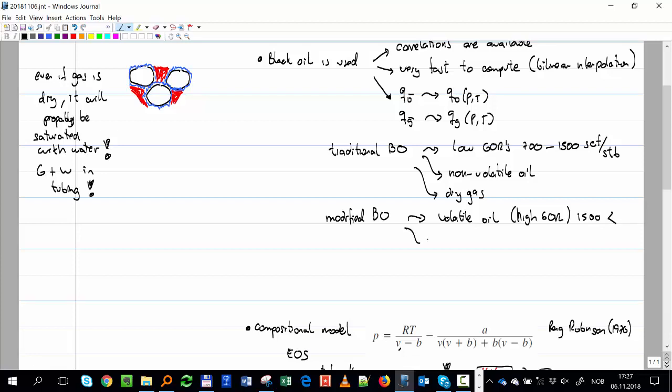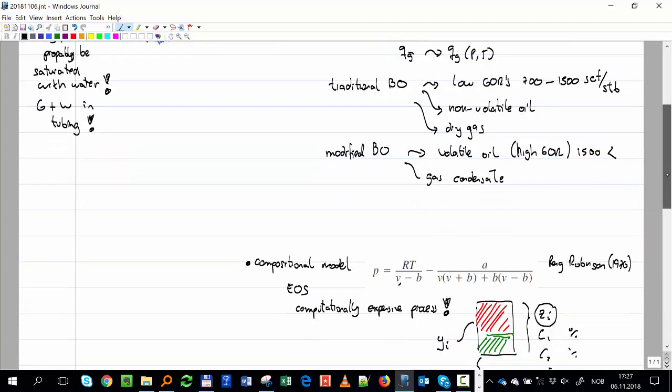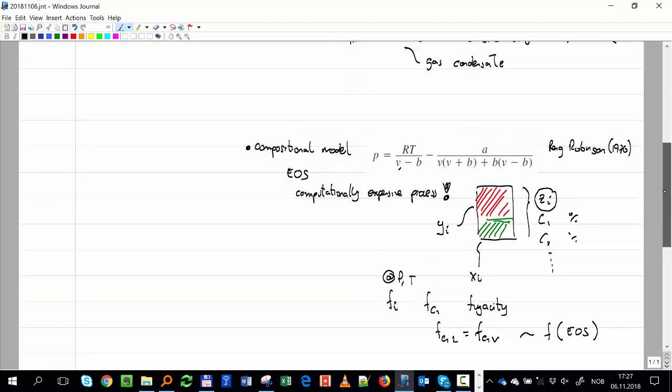For gas condensate, it is very important. But you will see, you just plot your Rs. You calculate your small Rs, you plot it, and then you see, well, it's too small, it doesn't matter.